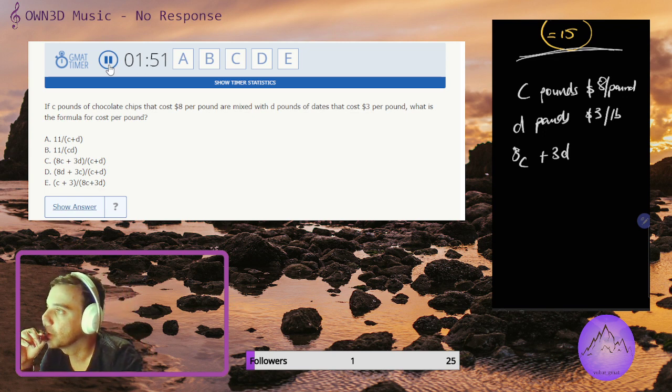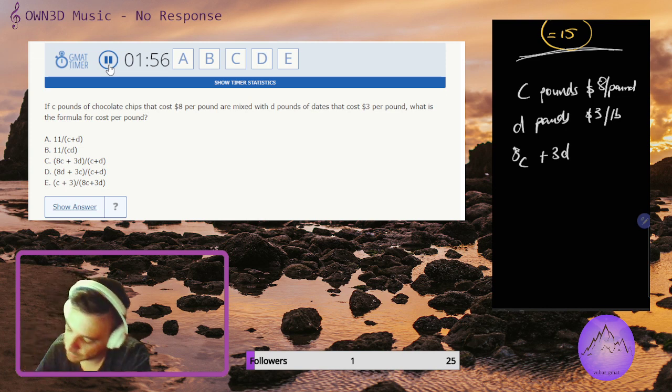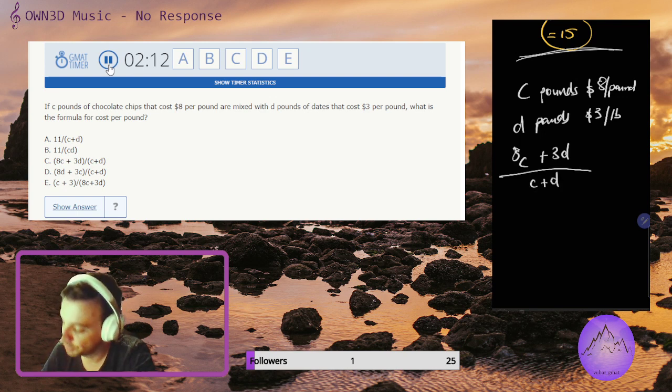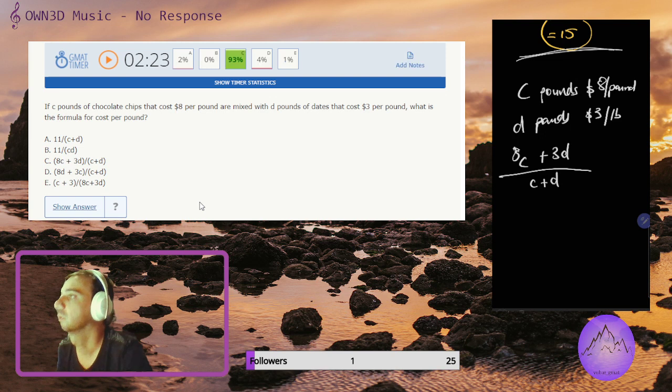So C is the number of pounds, and it's going to be $8 per pound. So $8 multiplied by C, $3 multiplied by D, and then there's a formula for cost per pound, all of that divided by C plus D, total number of pounds. $8C plus 3D divided by C plus D.